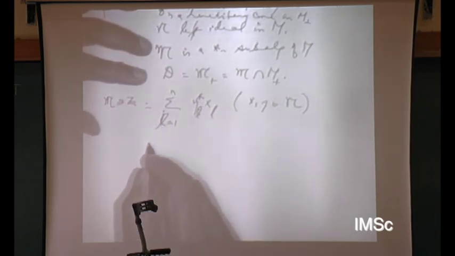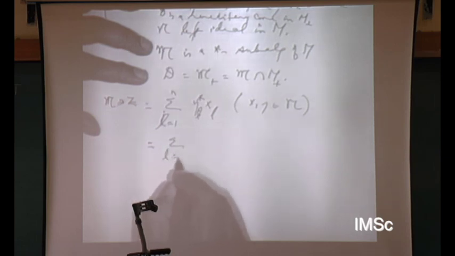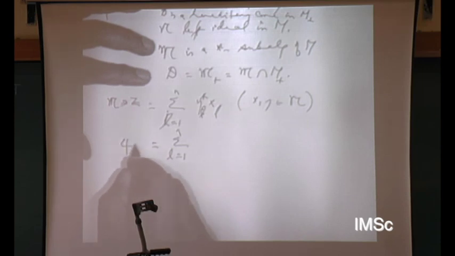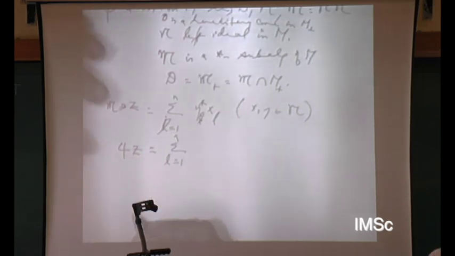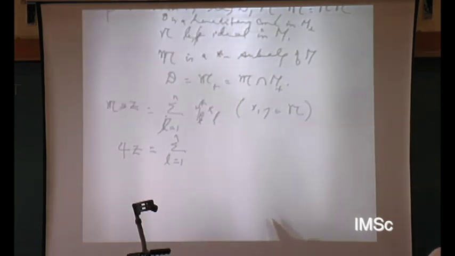Now I want to use that polarization trick. See, y star x is clearly a Hermitian sesquilinear map of N cross N into M. Consequently, one can apply the polarization identity.